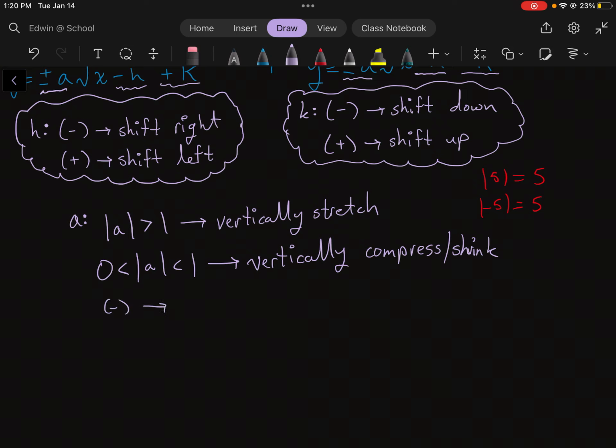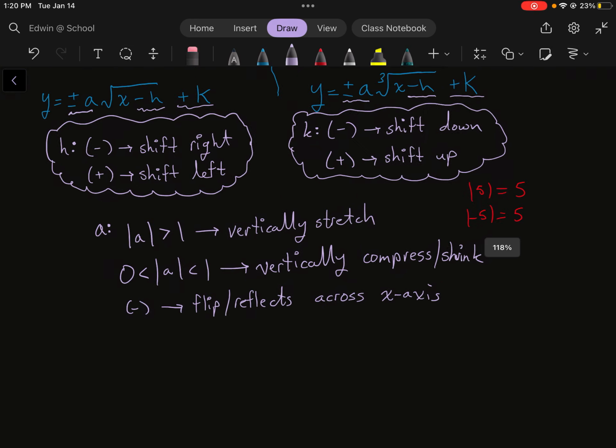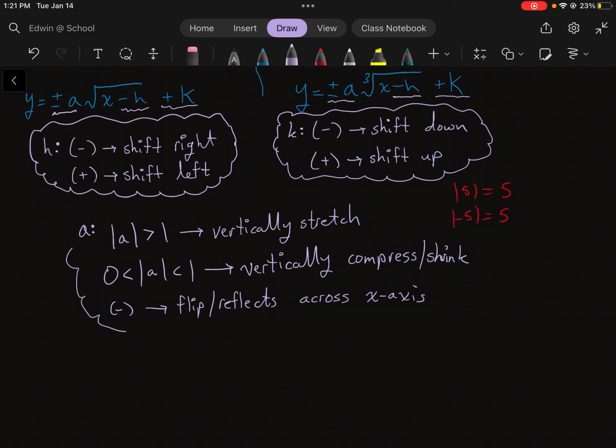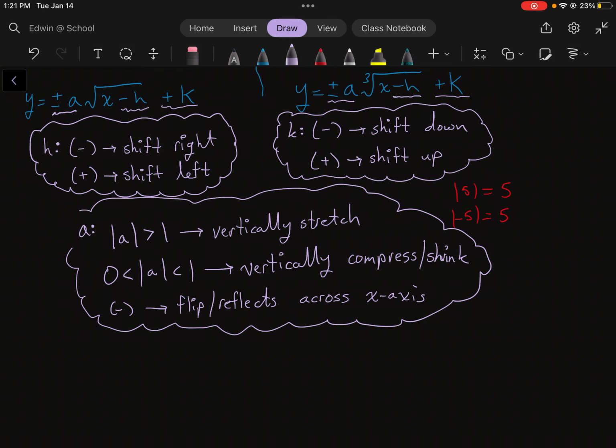And last thing, if it's negative, then we're going to see a flip or a reflection. So it reflects across the x-axis. That is what you'll see if a is negative.